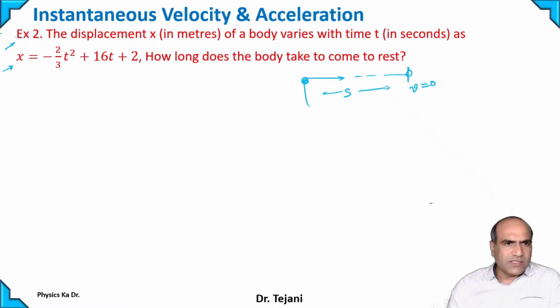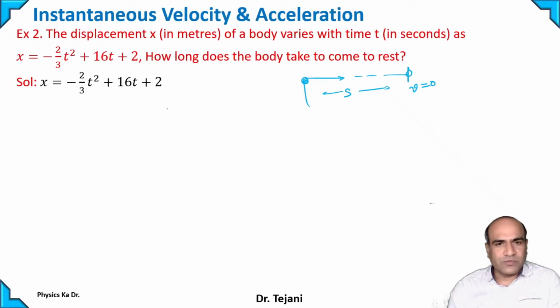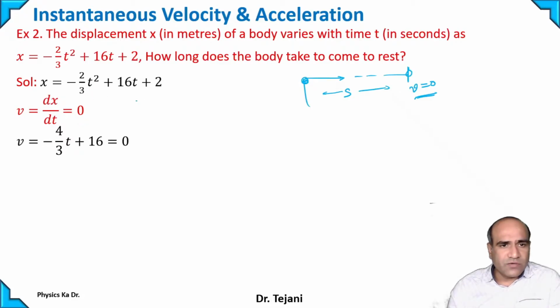So when the body comes to rest, the instantaneous velocity becomes 0. X is given. What should we do? Velocity is equal to dx by dt, and if it comes to rest, the velocity is 0. Differentiation of minus 2 by 3 t square: minus 2 multiplied by 2 by 3 t power 1, so it is minus 4 by 3 t. 16t becomes only 16, and the constant becomes 0.